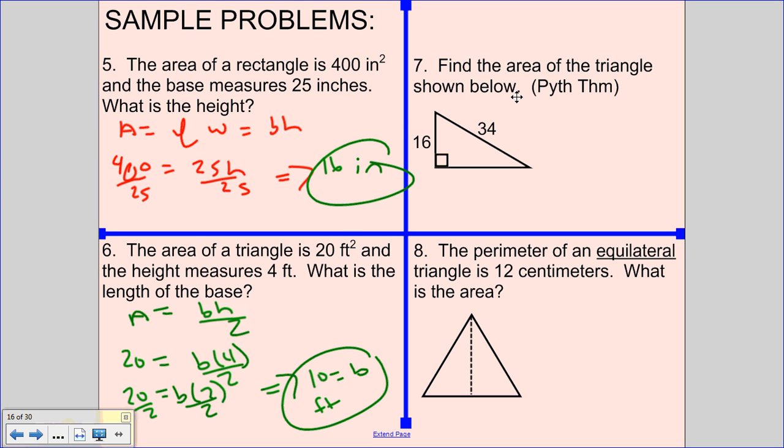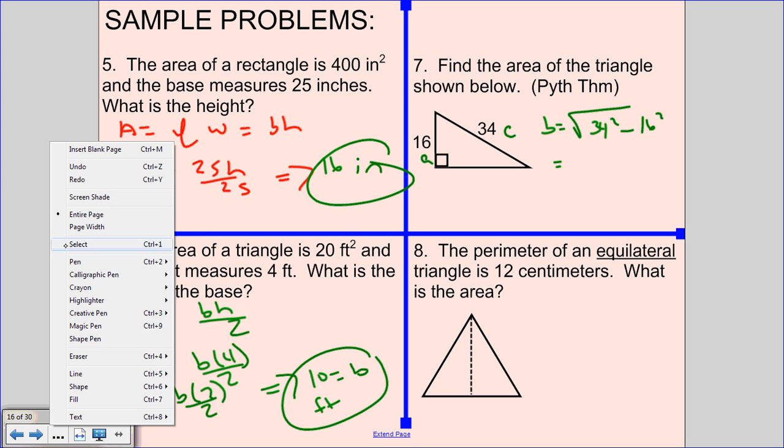Number 5 wants you to find the area of the triangle, but in order to do that, you have to first find the base by using Pythagoras theorem. This is C, this is A. So the shortcut is B is equal to the square root of C squared minus A squared. So let's see what the calculator tells us that result would be.